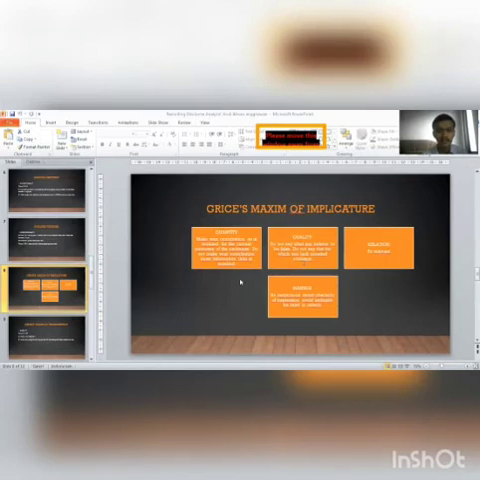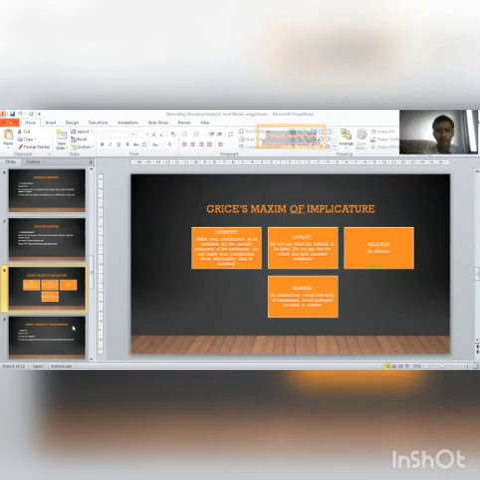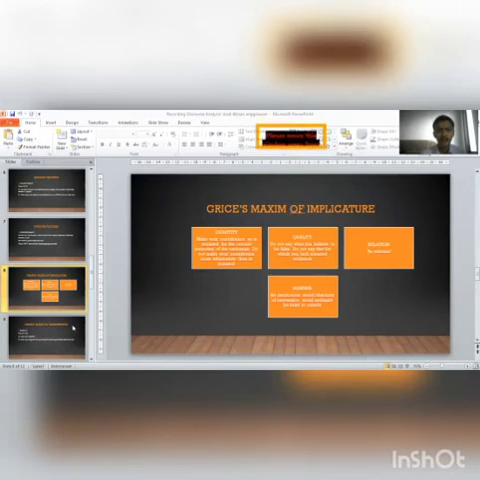Okay. Grice's maxims, such as quantity, quality, relation, and manner. Quantity: make your contribution as informative as is required for the current purposes of the exchange. Do not make your contribution more informative than is required.